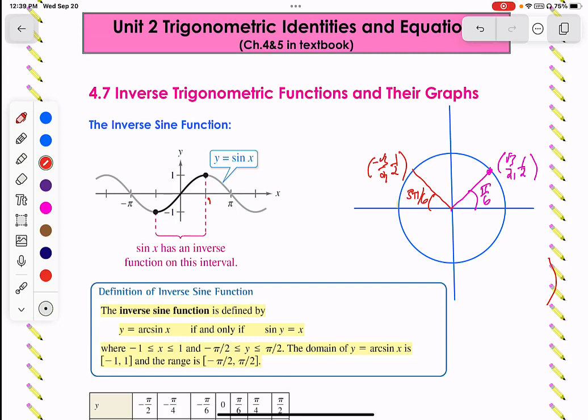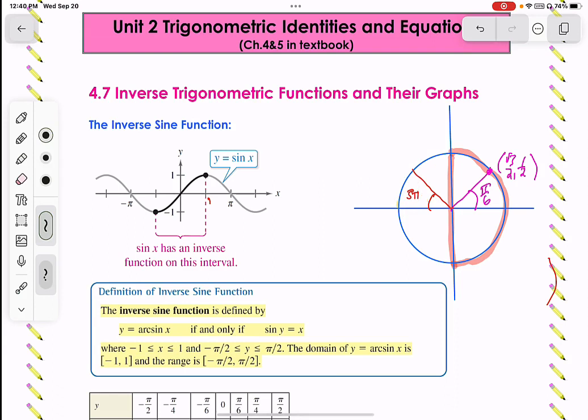If I told you that when I ask that same question, it could only be on this part of the unit circle, and I said to you now, what angle has a sine of 1/2, you would look at this part that I've restricted here, and you would tell me, oh, it's pi over 6, because this part over here does not exist in our definition. So that part goes away, and we're only left with pi over 6.